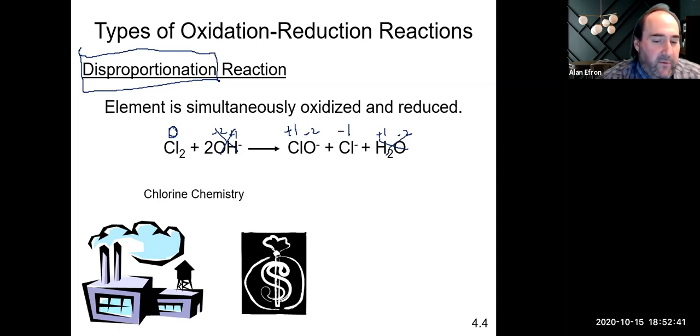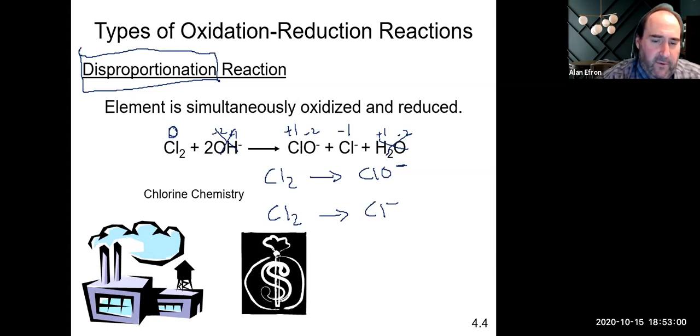If you needed to write the half reactions, it would look something like this. You would have your Cl2 going to your ClO minus, and then you would have your Cl2 going to your Cl minus. Let's think about which one is which here.